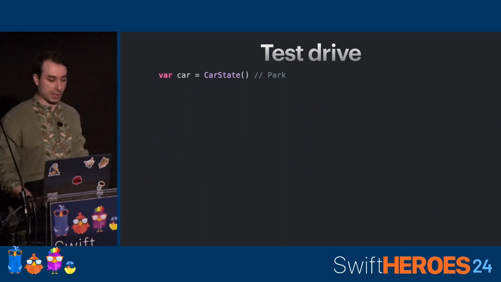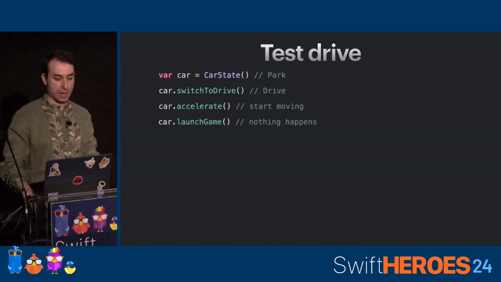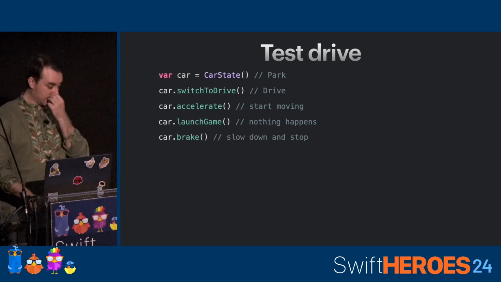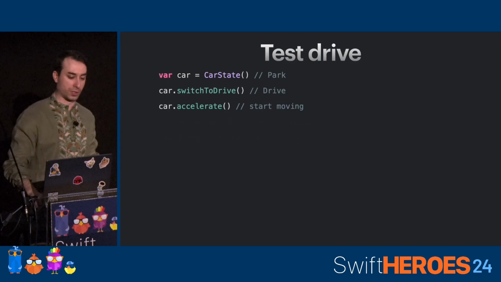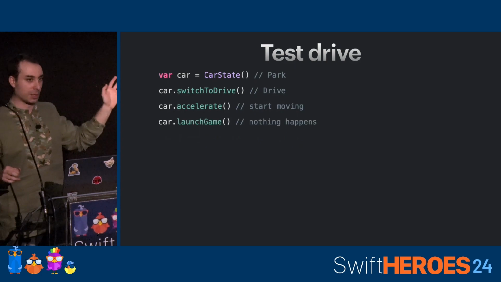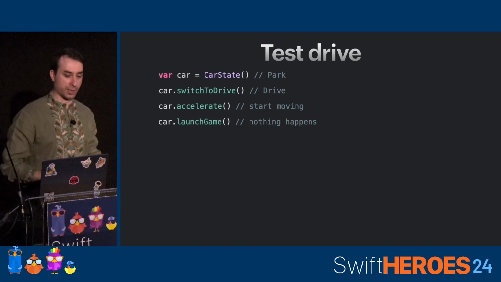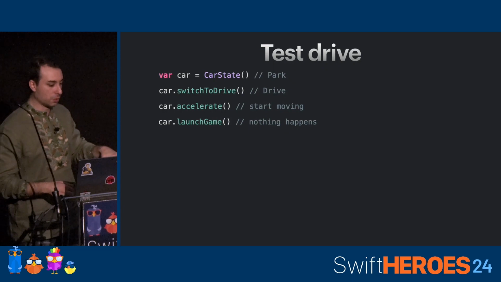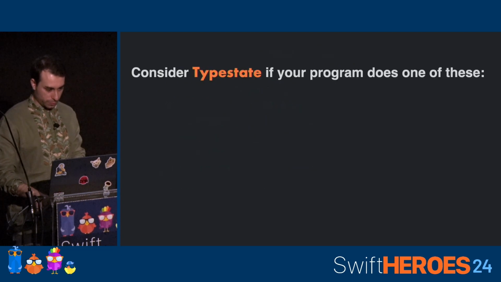And obviously we can use our single interface and do the same thing, but with the single car. In this case, when we do something stupid, like when we are in drive mode and try to launch the game, it again does nothing, like where we started. But now at least we know that this interface is powered by this incredibly safe code under the hood at the system level.